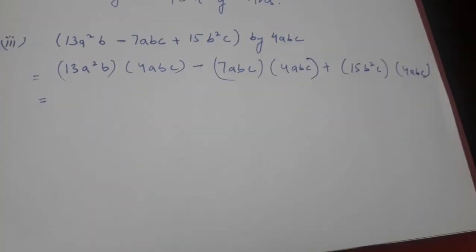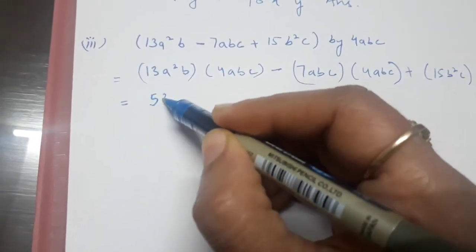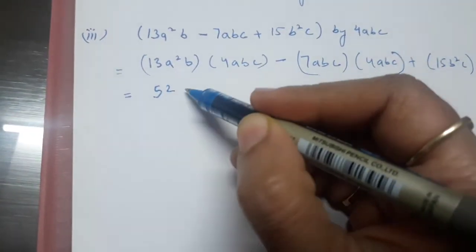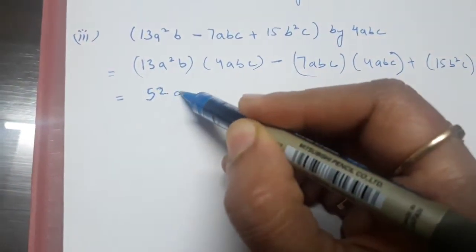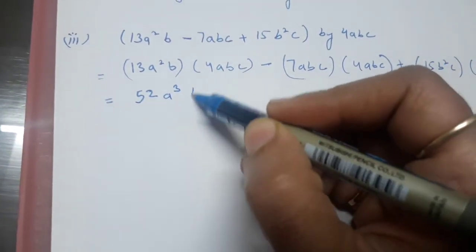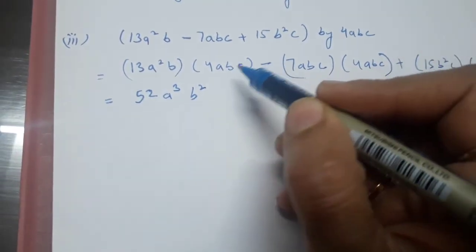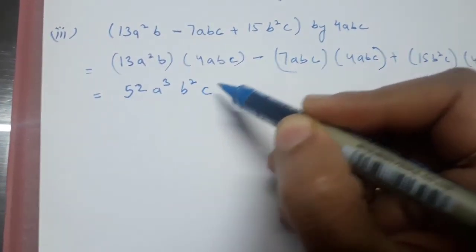So in our next step, 13 fours are 52. A square and a will become a cube. B and b will become b square, as no c except this, so this c will come as it is.